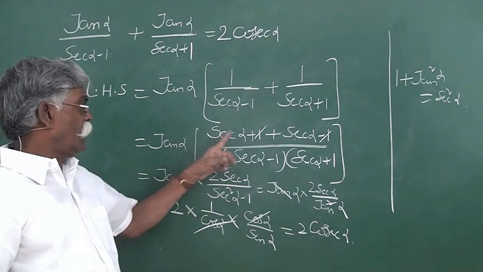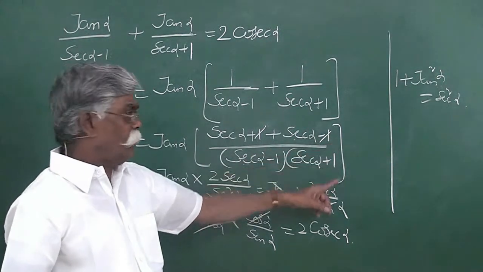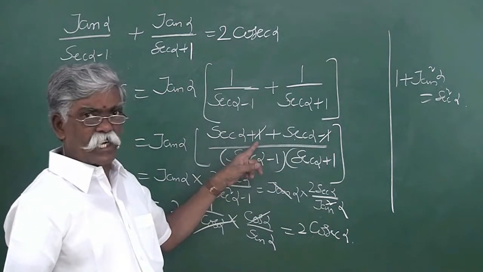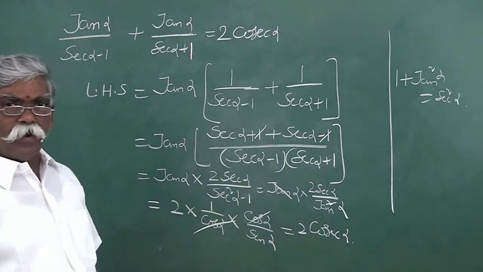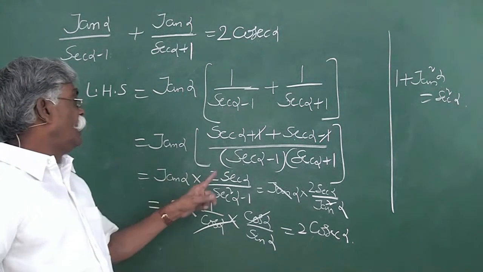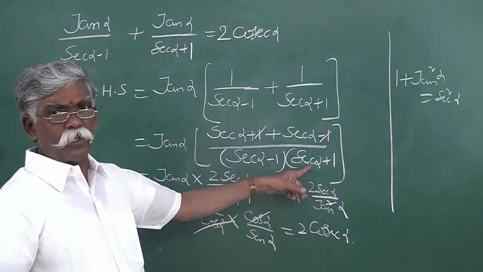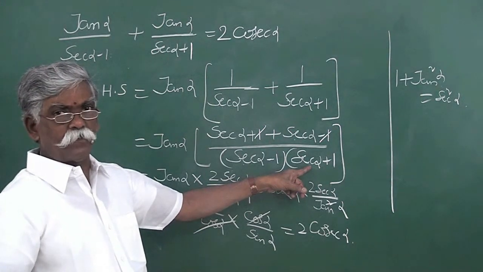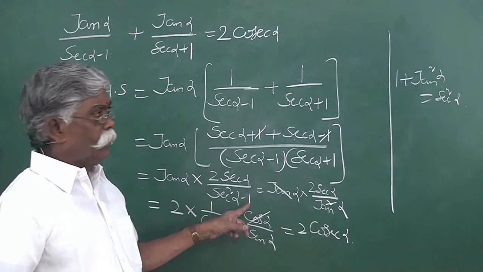Here we will get secant alpha plus 1 plus secant alpha minus 1. Minus 1 and plus 1 get cancelled. So secant alpha plus secant alpha becomes 2 secant alpha. Therefore, this is tan alpha into 2 secant alpha. This is a minus b into a plus b, a square minus b square. That is secant square alpha minus 1.